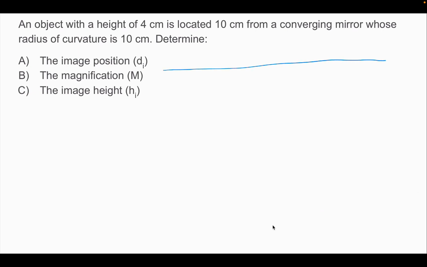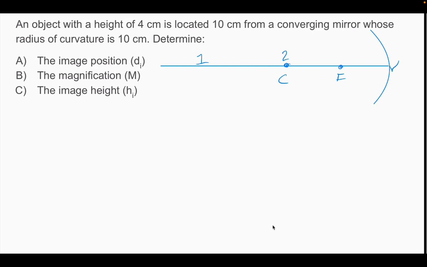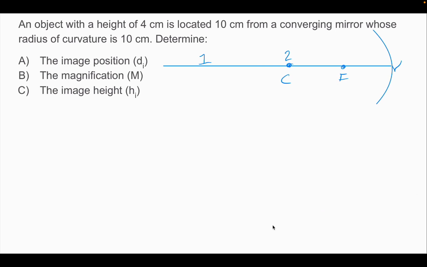So if you've got your principal axis here and you've got your curved mirror here, let's say C is here, F is here, that's not F, V is here. So example 1 that we just did was back here. Example 2 is right at C. Example 3 is between C and F.